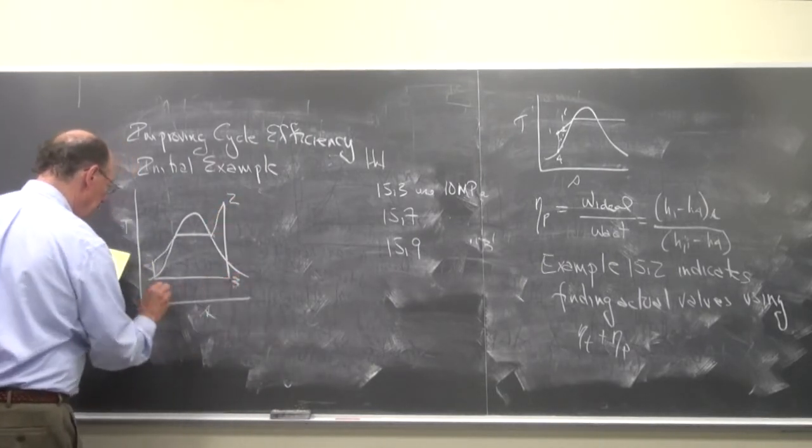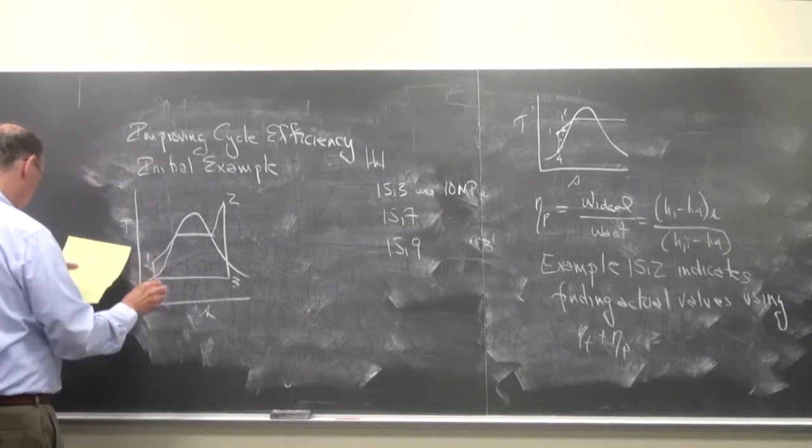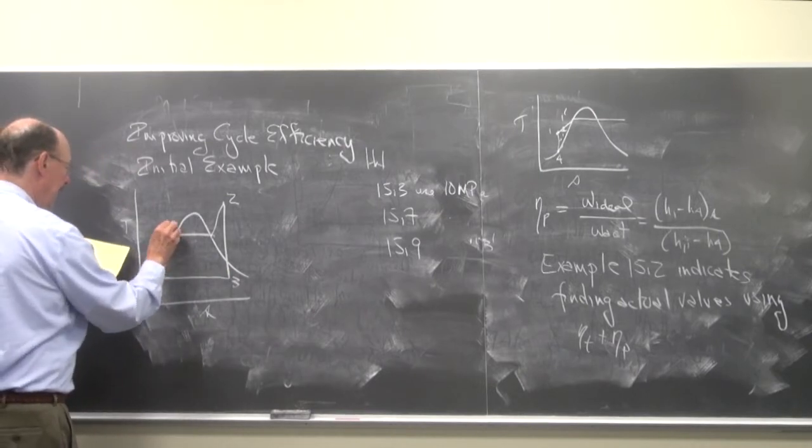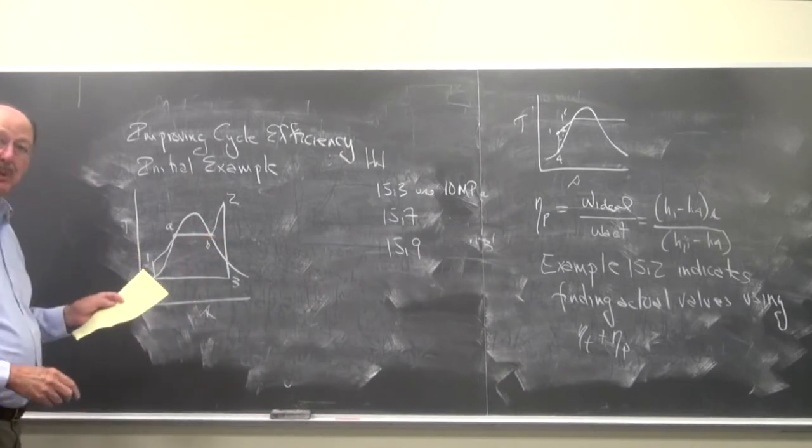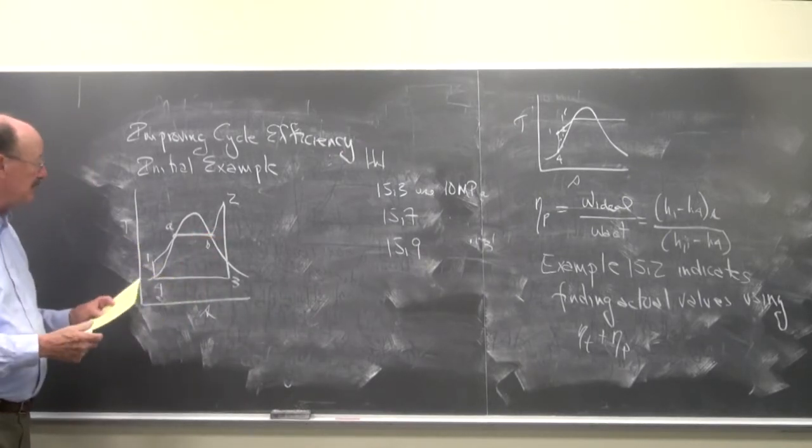Two, three, four, one. Now I'm going to put in here A and B, and I'm just putting that in because we're going to find those cycle state points.